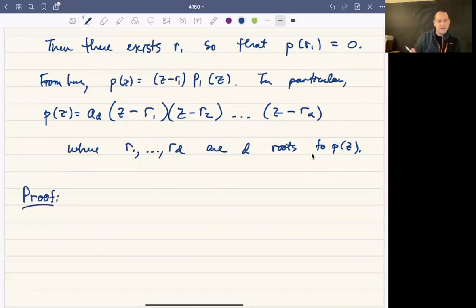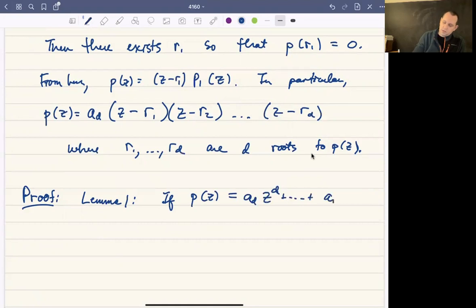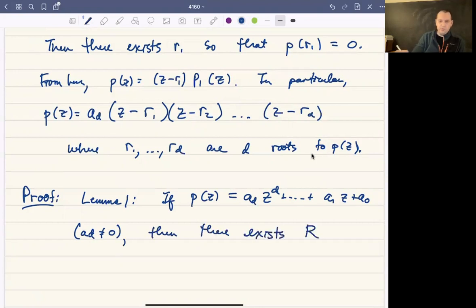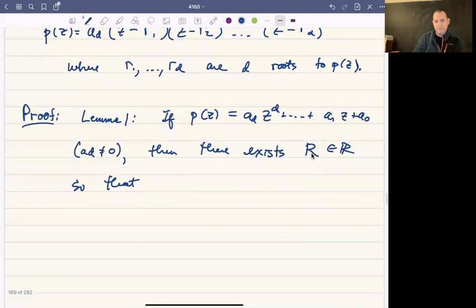Okay, so the first step, which I'll call lemma 1, is that if P of z is a polynomial of degree d, just like above, and again, a sub d is not equal to 0, then there exists a real number r so that P of z is bounded if the modulus of z is greater than or equal to r.